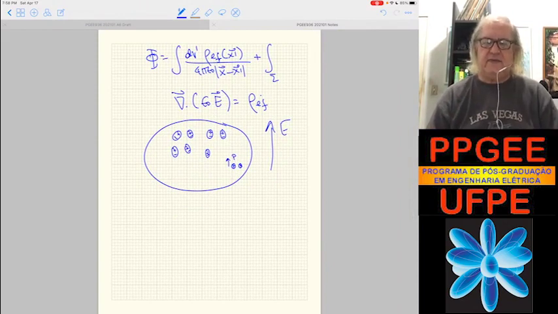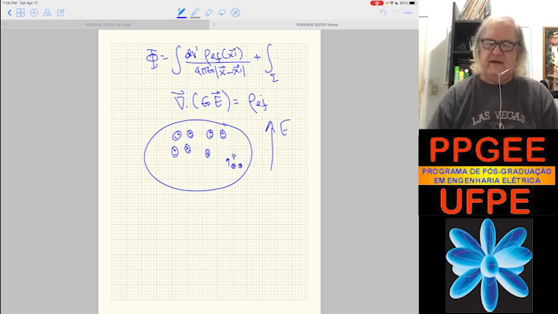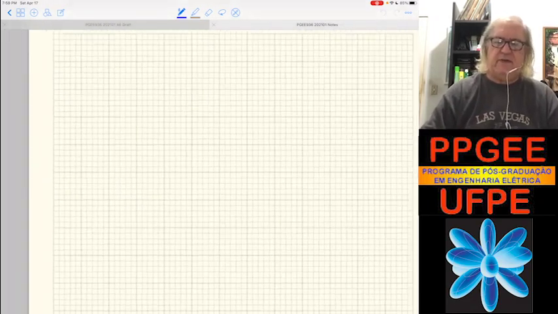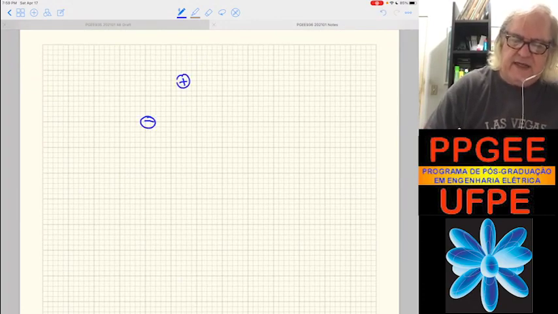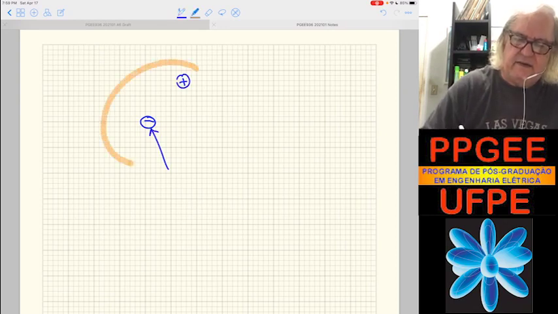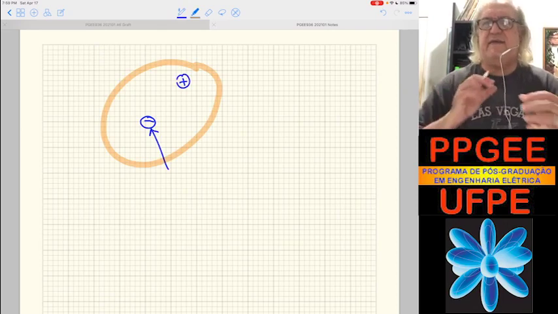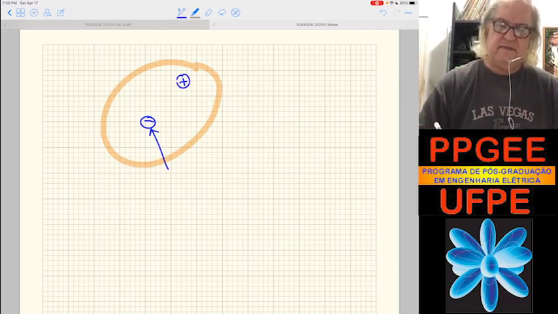Okay. So I just wanted to talk about something that I didn't discuss, which is the energy of a dipole in a field. It's not very difficult to determine. Let's make a very simple situation. We have two charges, a system with a separation of charges.